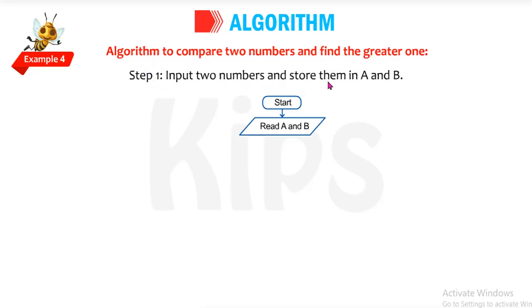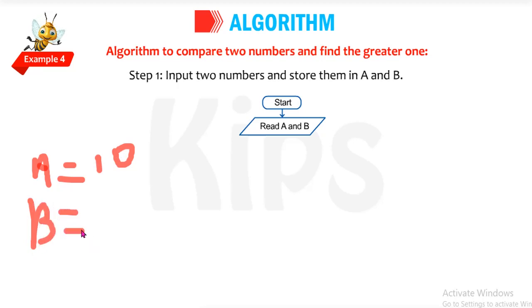Input two numbers and store them in A and B. So first start, then we give the input box, read or input A and B, and store them. That means suppose A is equal to 10 and B is equal to 20. Then we are assigning the values for variable A and variable B.